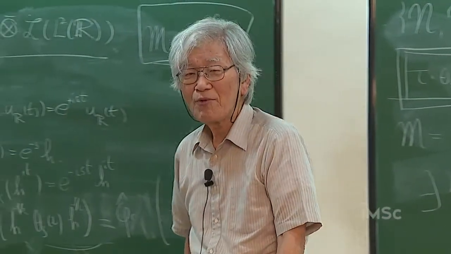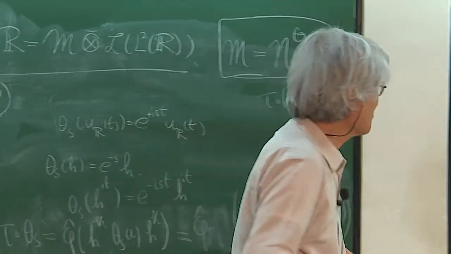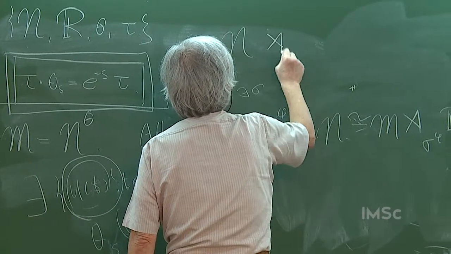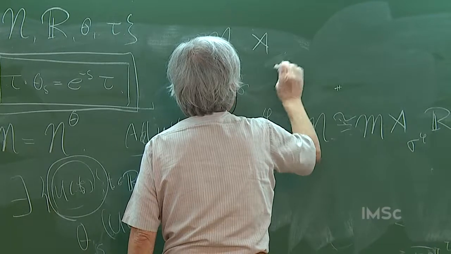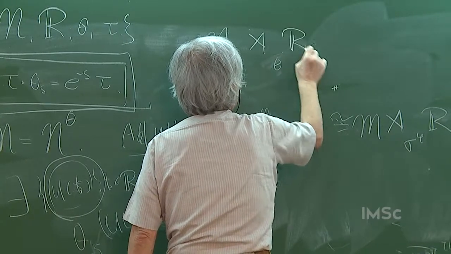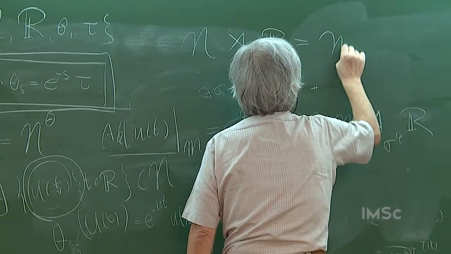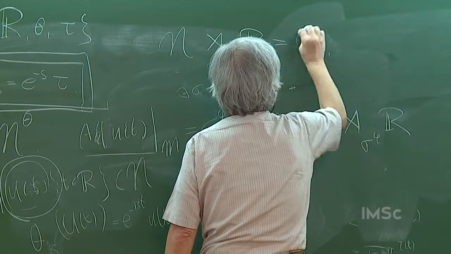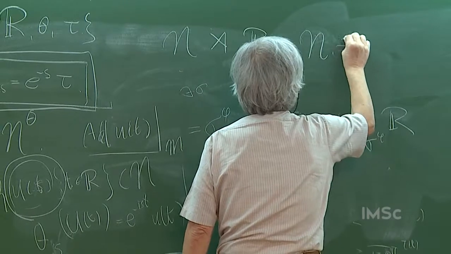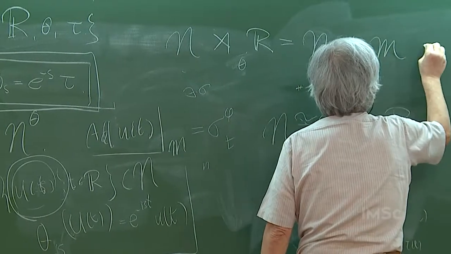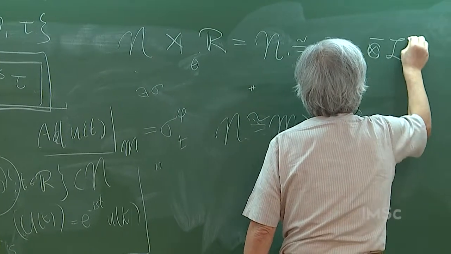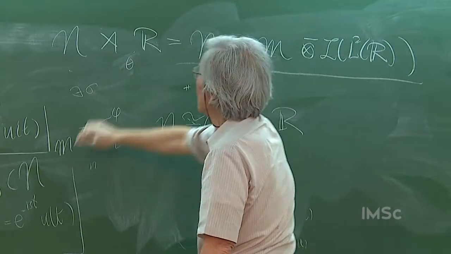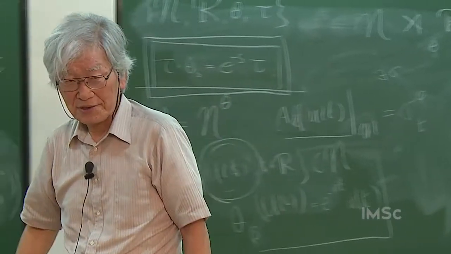That's the one way. Another way is, of course, to make a cross product right away. Of course, this is M. That occurs.